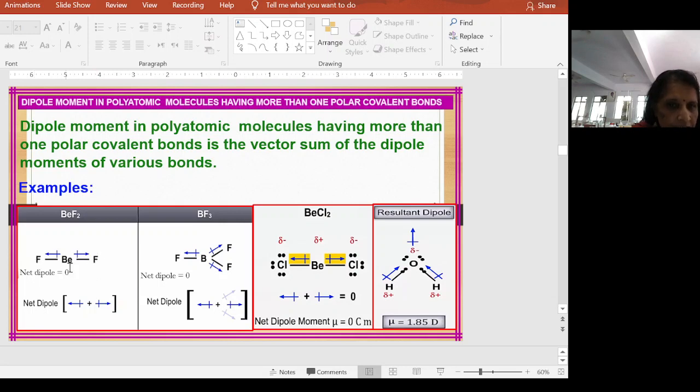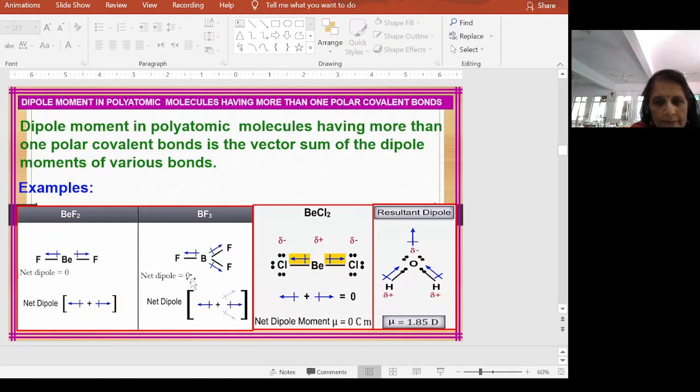So whatever dipole has been created by one F is being cancelled by the other F. So the net dipole will be 0. Similar is the case of the BF3 molecule. Here in BF3, the resultant of any two dipoles created by two fluorine atoms will be equal to the one created by the third fluorine atom. So if this is equal in magnitude, then the net dipole is equal to 0.